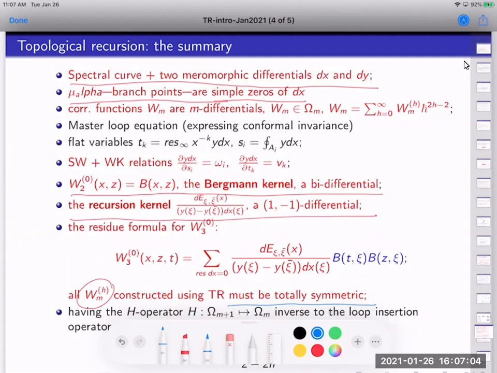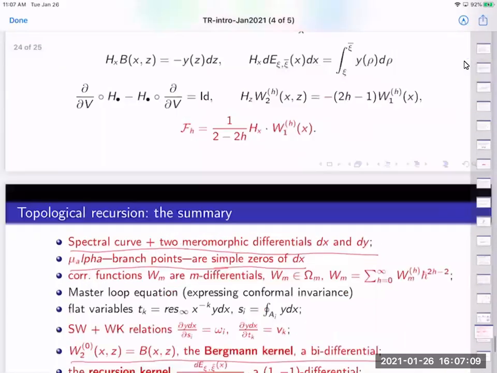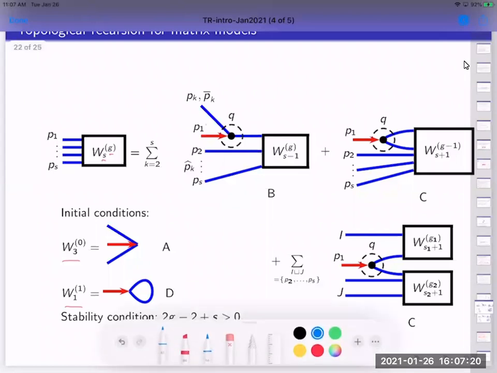Basically, this procedure, if I come back to this picture, you see that we have a selected variable here. So the procedure itself, as it's formulated, is not explicitly totally symmetric, but it must produce a totally symmetric correlation function at the end. And we know that each term of this relation is not totally symmetric, only their combination is.